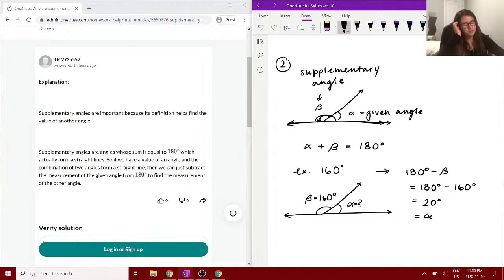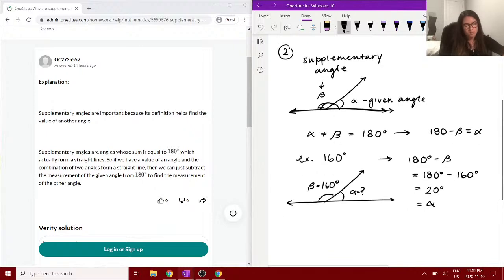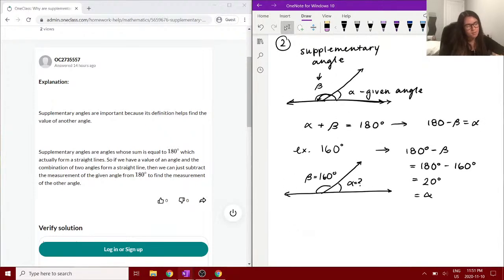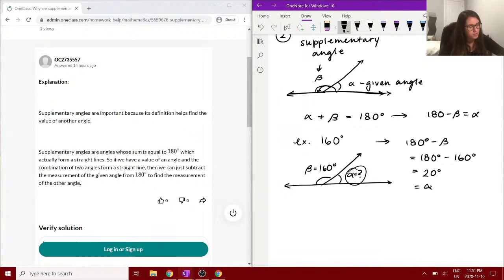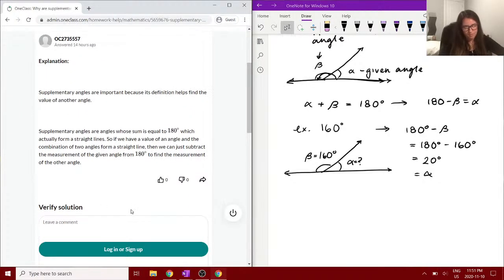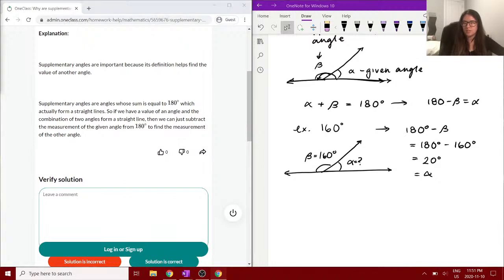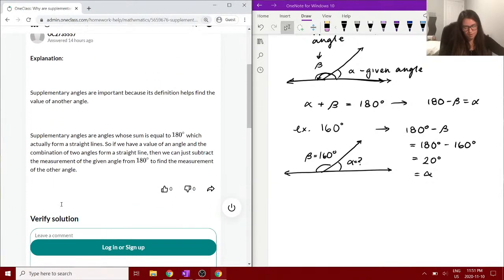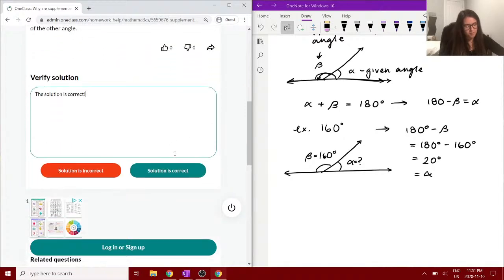Because if you rearrange this equation, you have 180 minus beta is equal to alpha. So that's why they're useful and important, because they can help you find this smaller angle, the supplementary angle. Okay. So the solution is correct, and we can move on to the next.